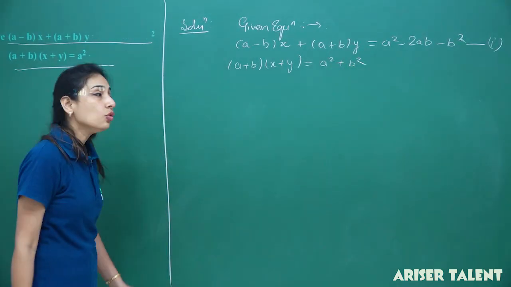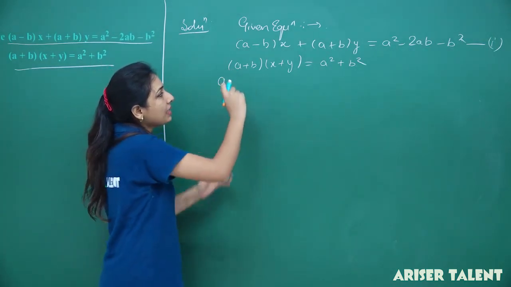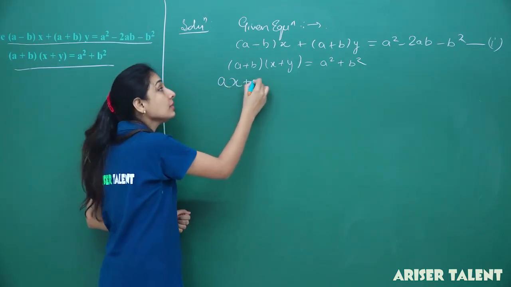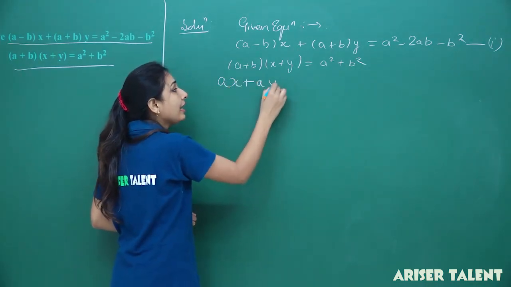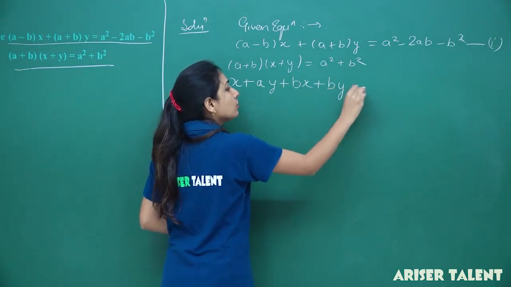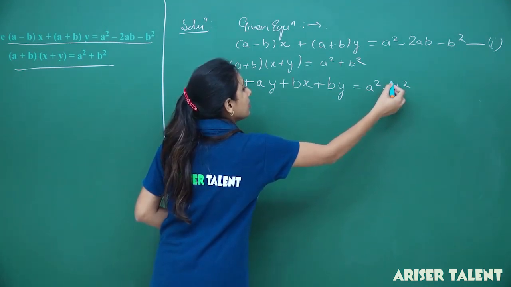Now what will we do? We'll just simply open this bracket. A multiplied by x plus y will give you ax plus ay plus bx plus by equals to a square plus b square.